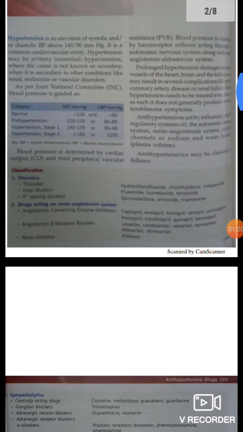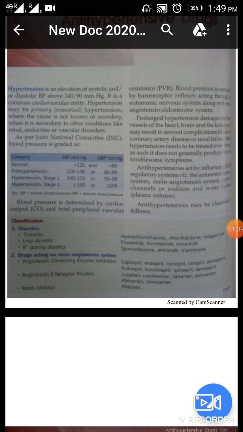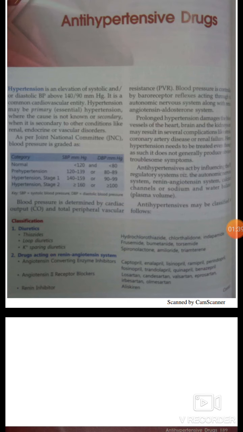Then let's start directly with the classification of antihypertensive agents, right? Before that, we know that hypertension generally arises from increased cardiac output plus increase in peripheral vascular resistance.